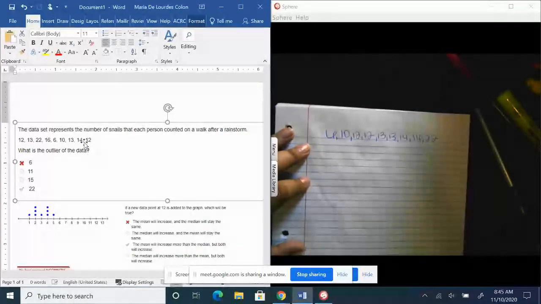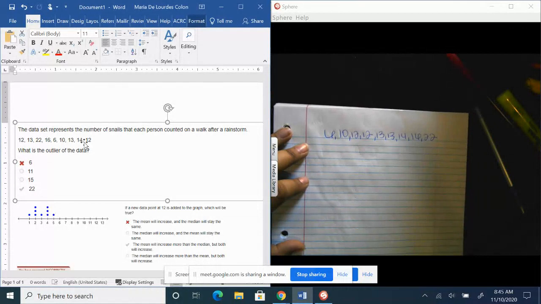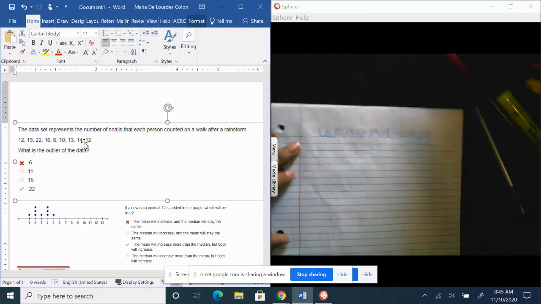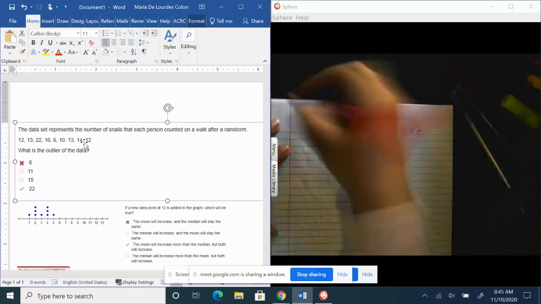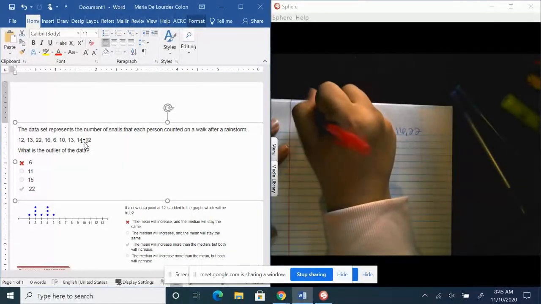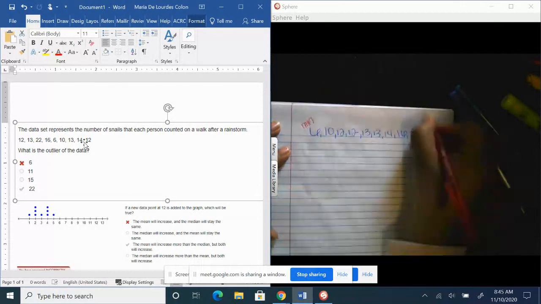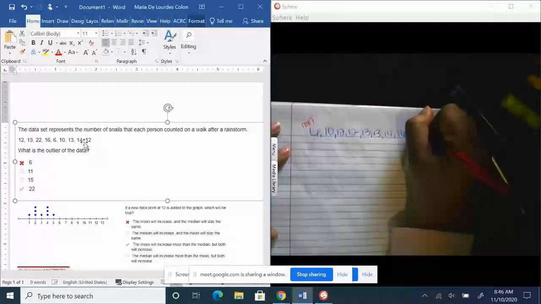So now outliers. Remember that for outliers, first we need to find, it helps to draw that box plot in order to then find your outliers, depending on that. So this, remember, this number 6, this is your minimum, your min. The number 22, this is your max.